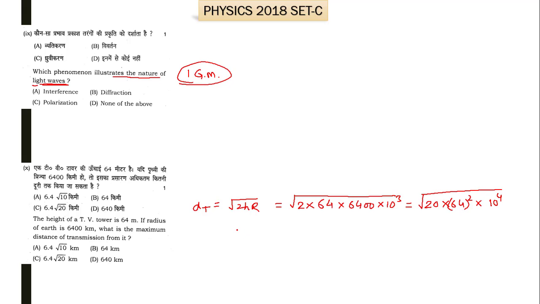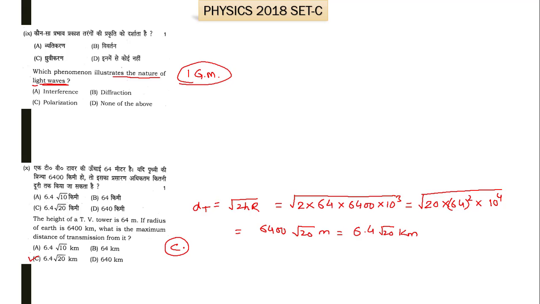Now solving it, that is 64 into 10 raised to the power 2 under root of 20 meters. Converting into kilometer, that is 6.4 under root of 20 kilometer. Let us see. Yes, it is here, 6.4 under root of 20 kilometer. So C is the right option for question number 1 part 10.